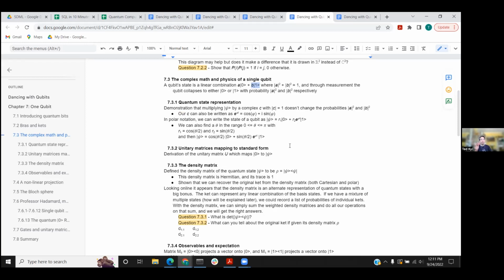So the first thing to understand is that when we have a state with two complex numbers, we can think of it as a four-dimensional space. It requires four real numbers to define this, and that's the true underlying quantum state. But if all we care about is measurement in our standard basis, then you're going to have two probabilities, A squared and B squared.